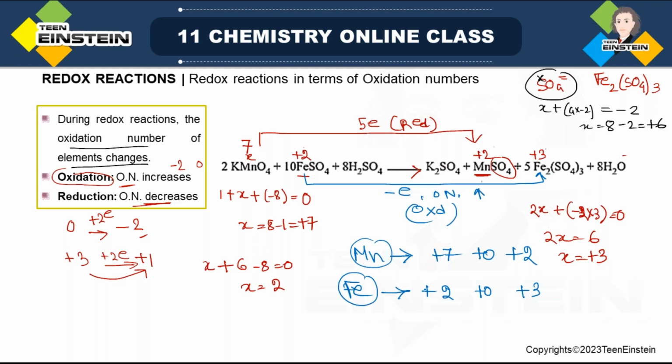Based on this concept, we can also balance any redox reaction if it is not balanced. Utilizing this fact that you cannot destroy electrons and you cannot create electrons, whatever is the number of electrons lost, it has to be gained by some other species. So based on this fact, we can balance any redox reaction. Okay.